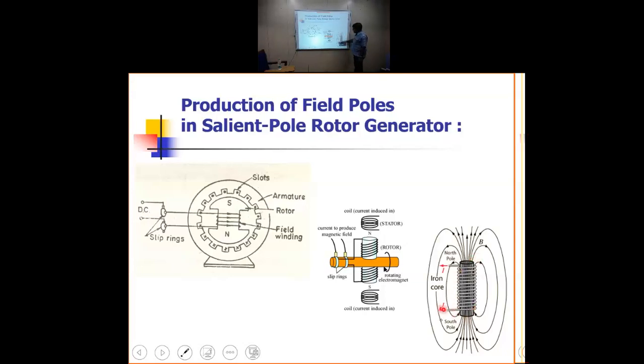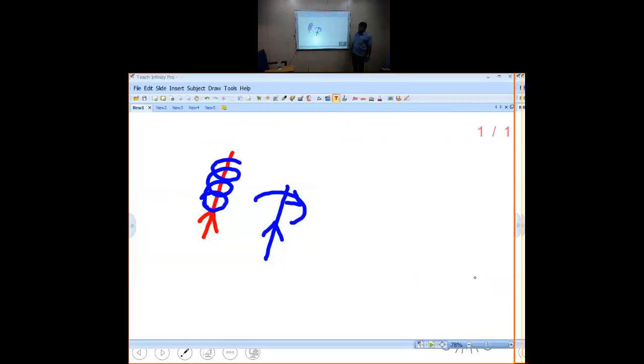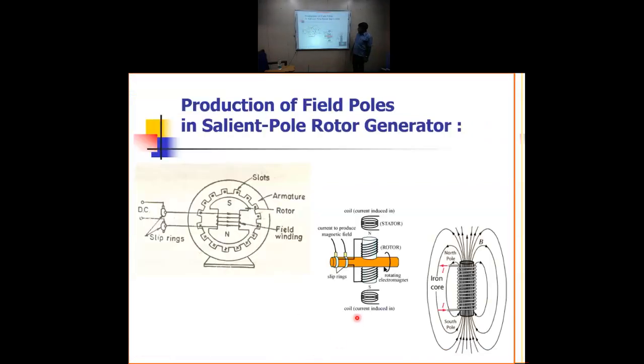Here current is entering from this end and ultimately leaving from this end. So this is nothing but an electromagnet.